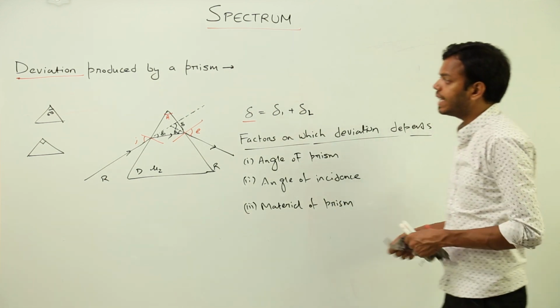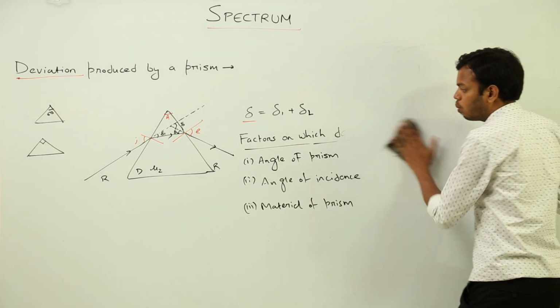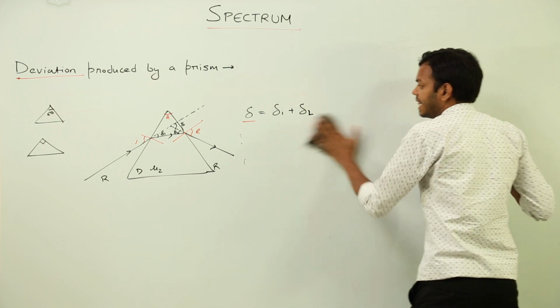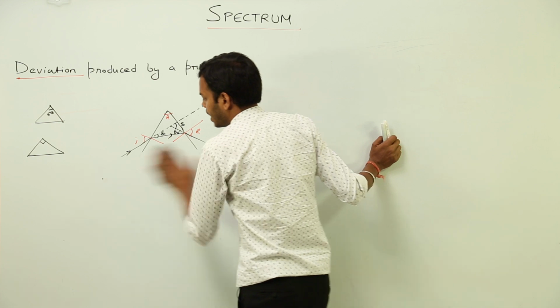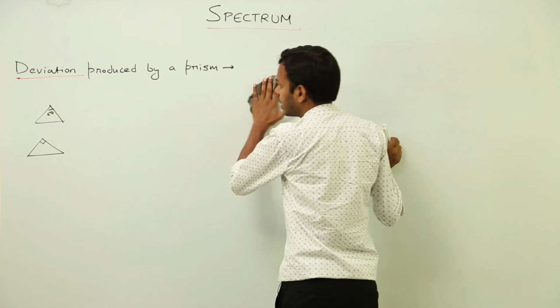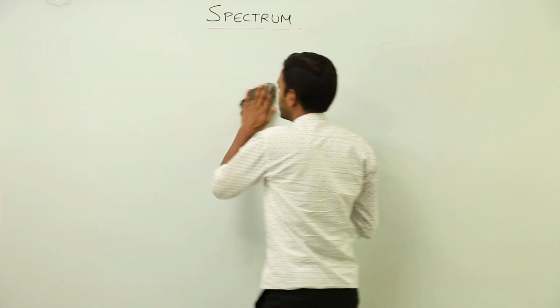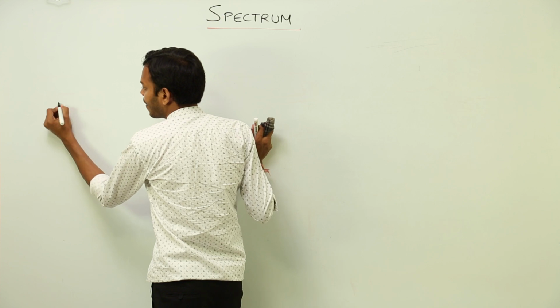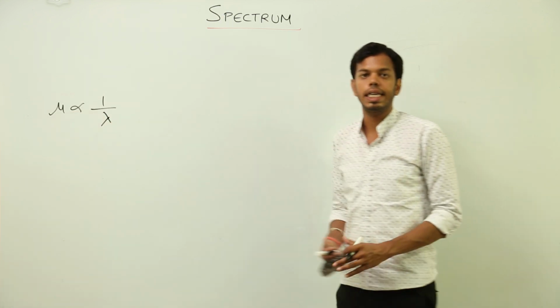Now there is a key point which decides how much the light will bend: the wavelength and the refractive index of the glass. What do we know about the relation between wavelength and refractive index? There is a very solid relation: refractive index is inversely proportional to the wavelength of the incident light.